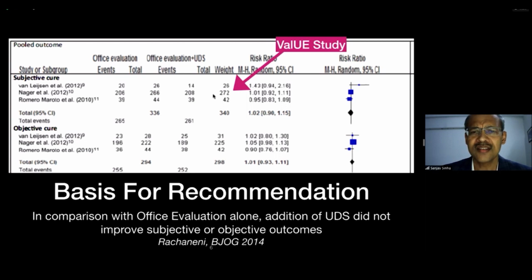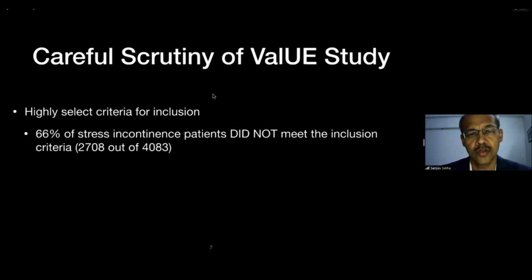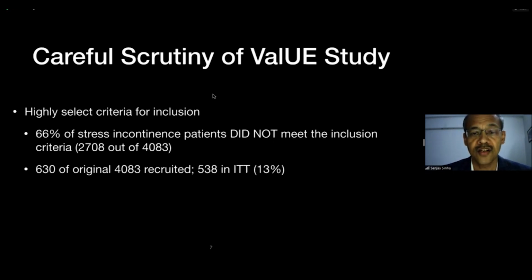But it's important to understand this in a little bit more detail. Now, if you do a careful scrutiny of the VALUE study, what you find is that there were highly select criteria for inclusion. So select, in fact, that two-thirds of women who had stress incontinence did not get included in the final analysis. In fact, only 13% of the original cohort of women who were screened got into the final intent to treat analysis.